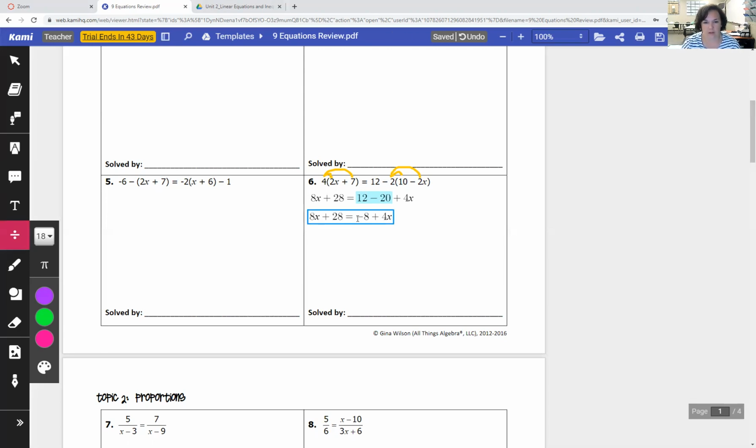So now that I've combined like terms, I want to get my variables together. I'm going to work to solve the equation for x, so I am going to subtract 4x from both sides.